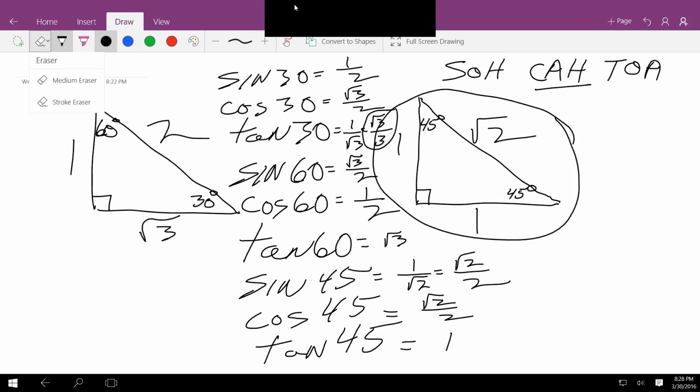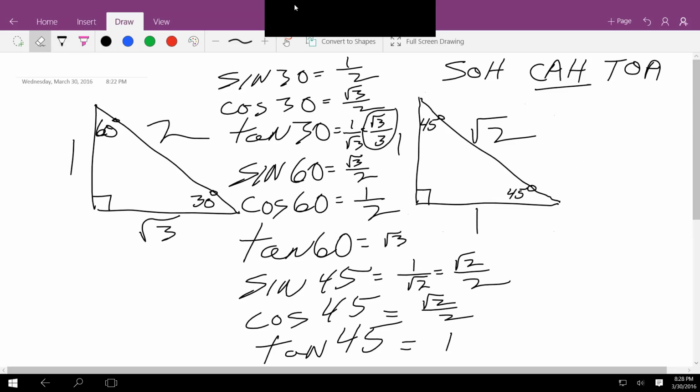Right. Everything you see there, at some point, probably not this year, you're going to have to memorize. But rather than memorize those, just memorize these two triangles. I have not memorized all of these.